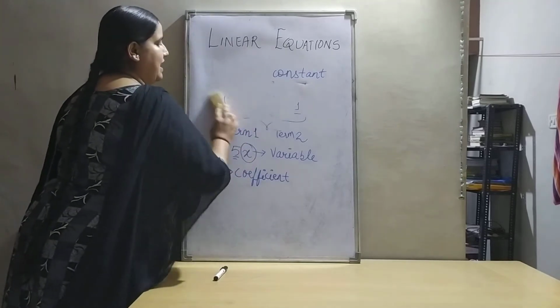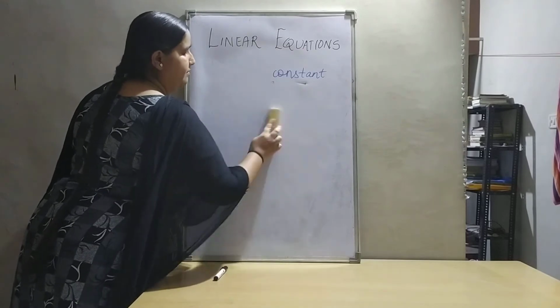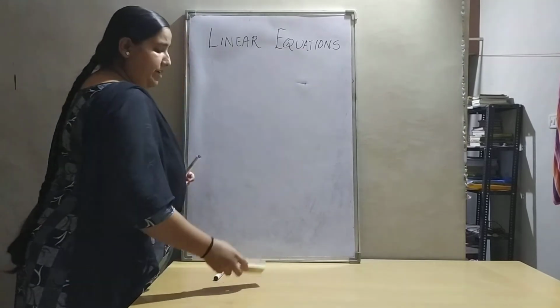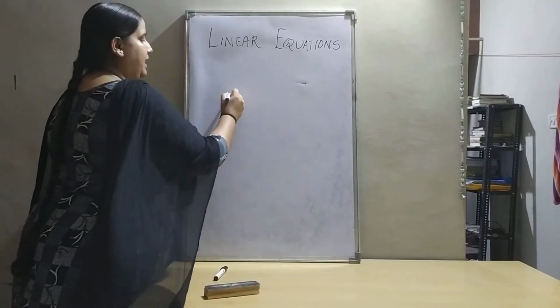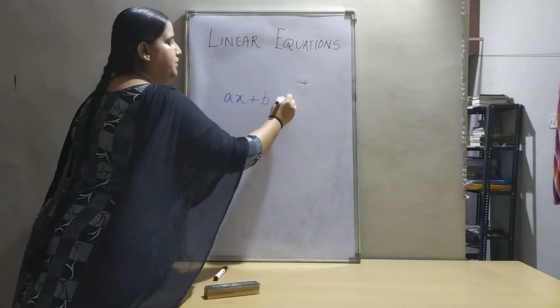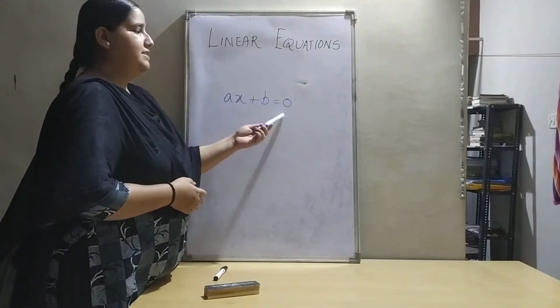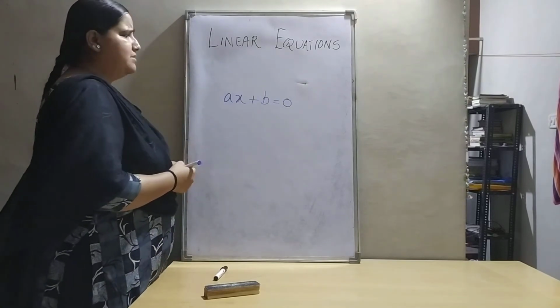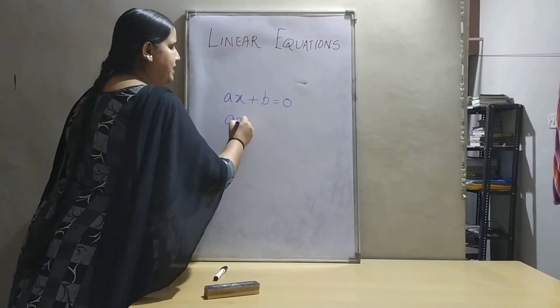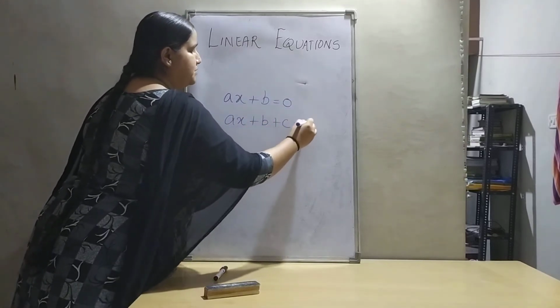Now let us understand the general form of the equation. The general form of the equation here is ax plus b is equal to 0, right? Also, if it is not 0, we can also write it in this form, ax plus b plus c is equal to 0.